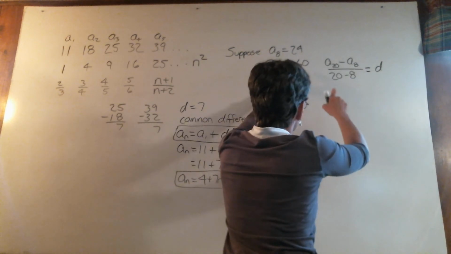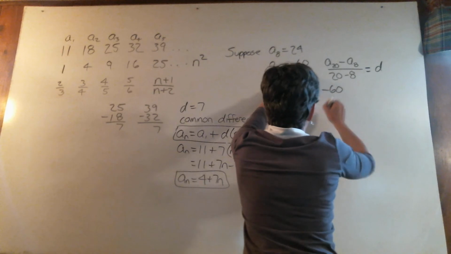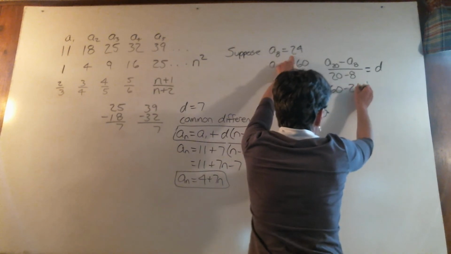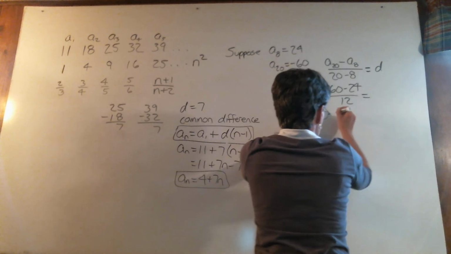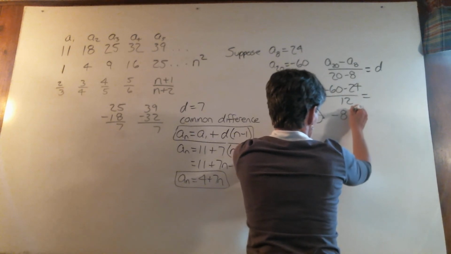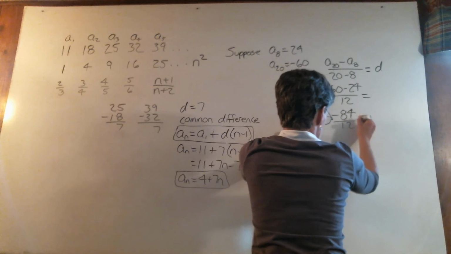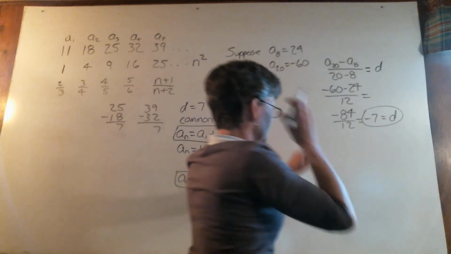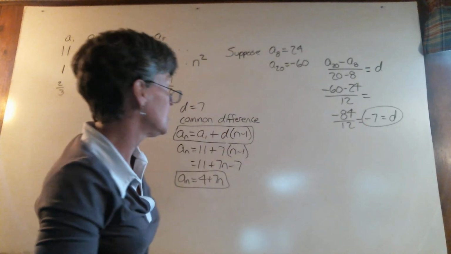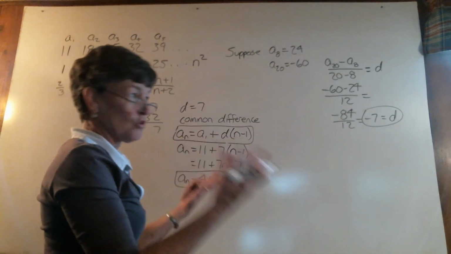All right, so my 20th term is negative 60. This one's 24. And 20 minus 8 is 12. So I've got negative 84 over 12, and that's negative 7. That's my D. This is how you get D when you have 2 terms in the middle of the sequence.